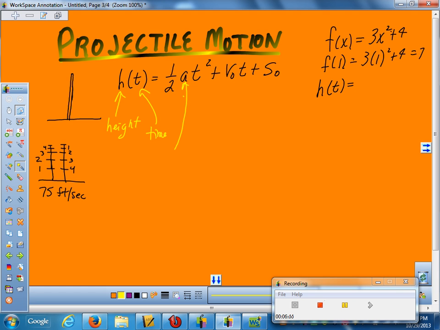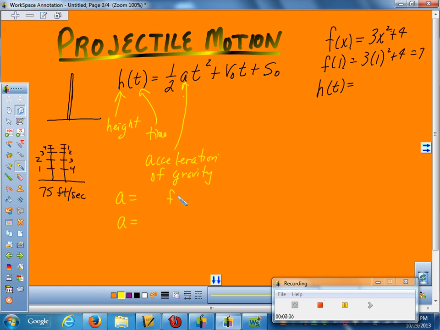A is acceleration. Now, this one's kind of important. It is the acceleration of gravity. How fast is gravity pulling on you? As long as you are here on Earth, we know exactly how hard gravity is pulling on us. Gravity is known. So if you are here on Earth, a is going to be one of two numbers.